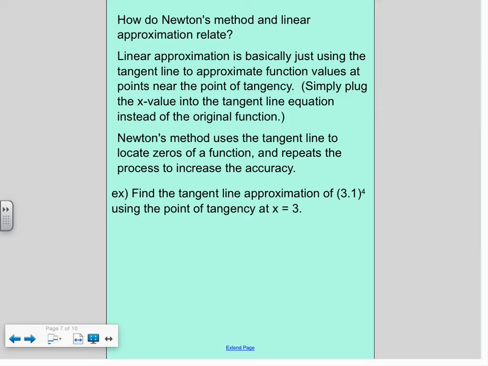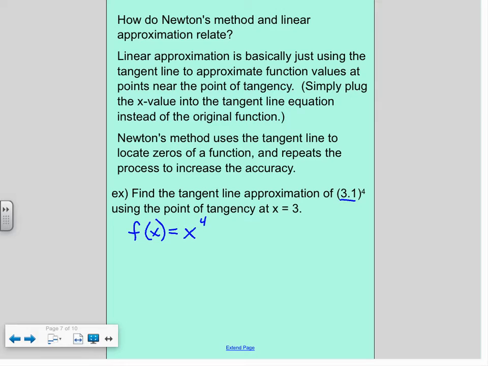Well, in order to do this, it helps if you have a function. If you look carefully at what you're plugging the number into, the 3.1, especially if it's a decimal, you're plugging into what looks like x to the 4th. So that's your function.